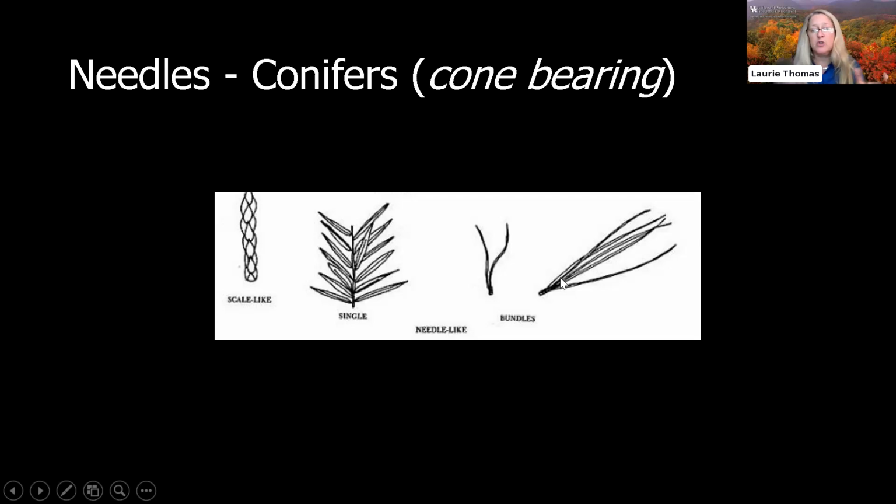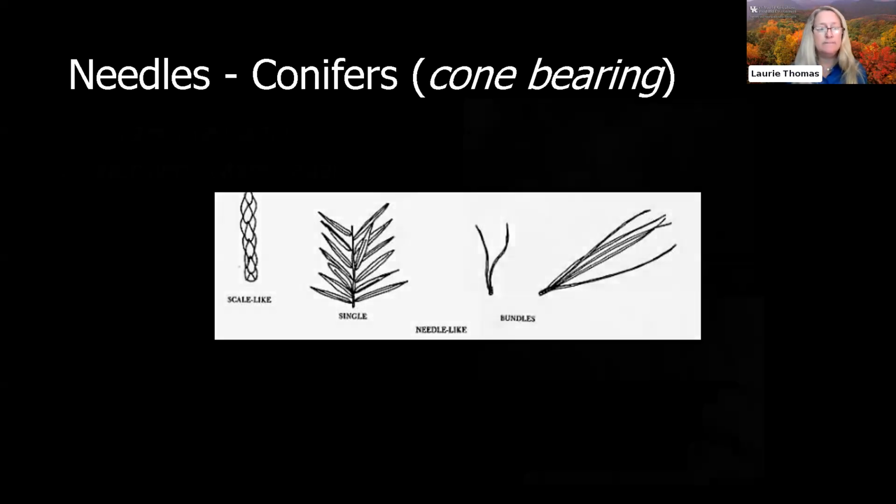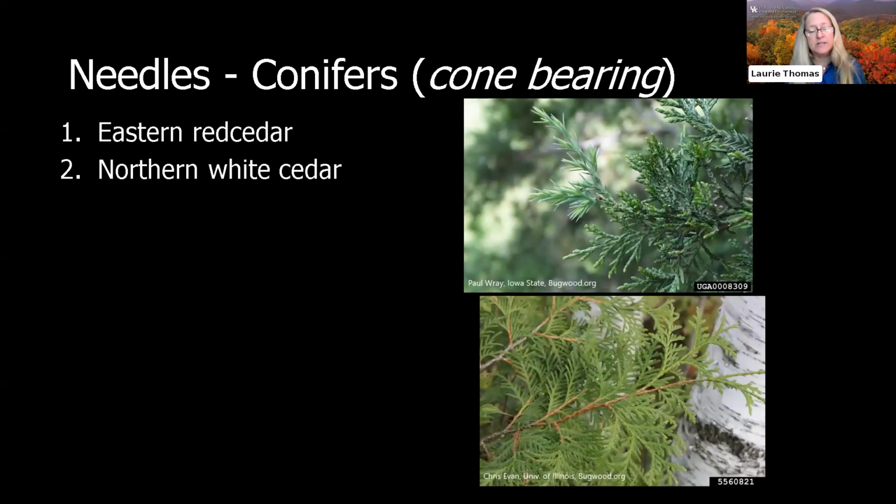So those are the characteristics we're going to use when we're looking at needle type trees, or conifers as we call them, because these are cone bearing trees. They're going to bear cones, and they are usually evergreen. We have one exception. They will lose their needles, but they lose them slowly over 3 or 4 years, and they never lose them all at once unless something's happened to the tree, with the exception of bald cypress.